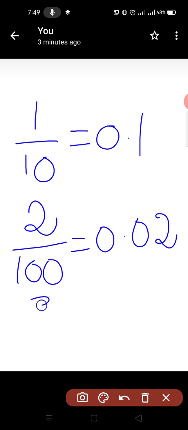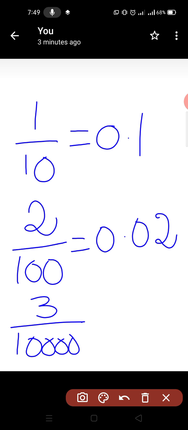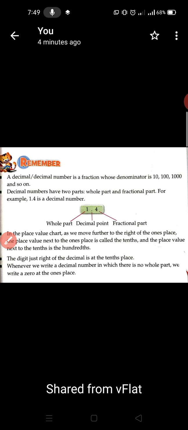In the same way, 3 by 10,000 means 0.0003. So a decimal or decimal number is a fraction whose denominator is 10, 100, 1000 and so on.